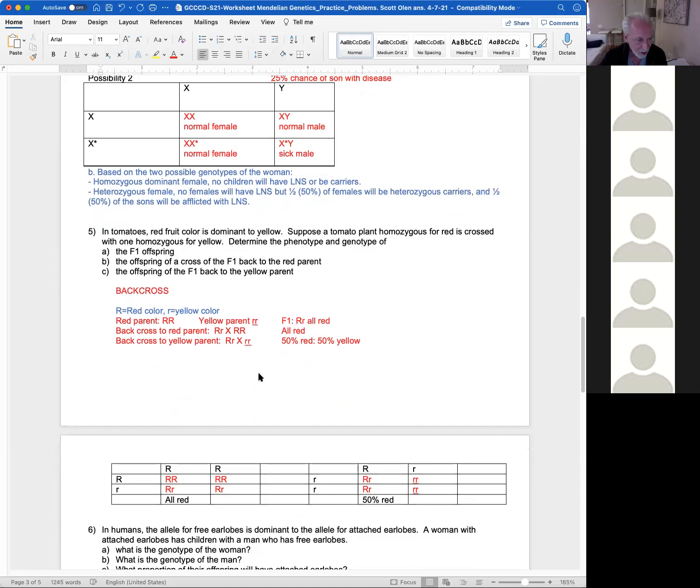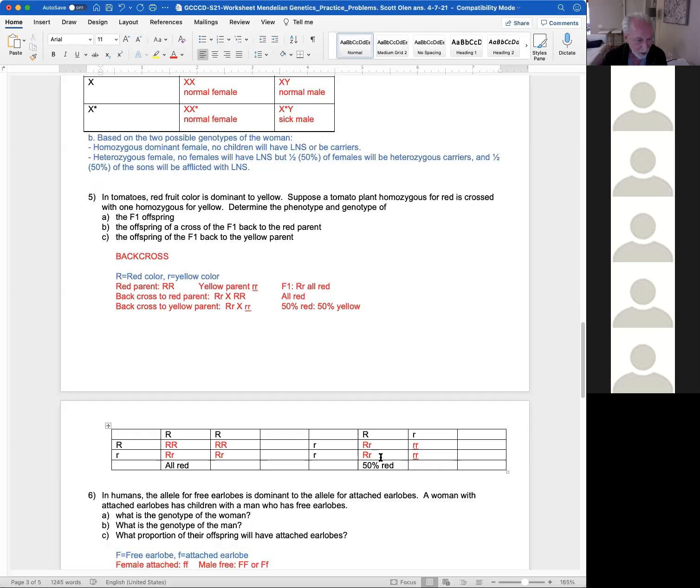So now if we cross, and we've got two Punnett squares down here, if we backcross an F1, which is a heterozygote, to the red parent, that's shown here, and what you get is all red, because they're all either homozygous dominant or heterozygotes.